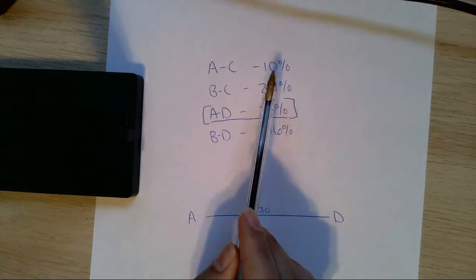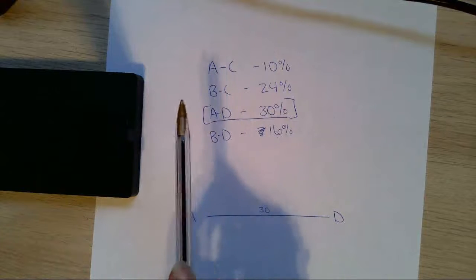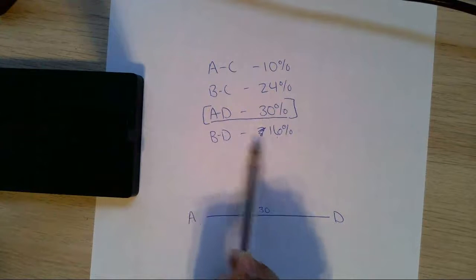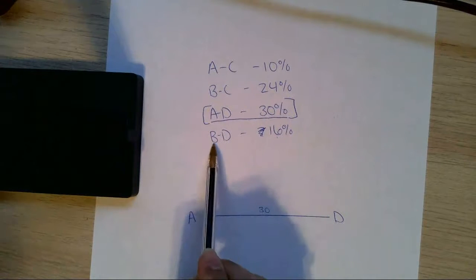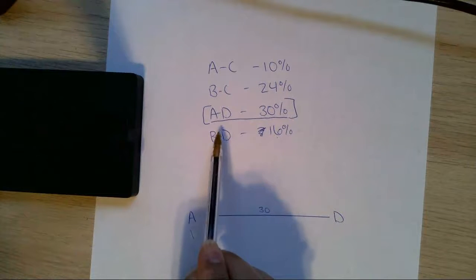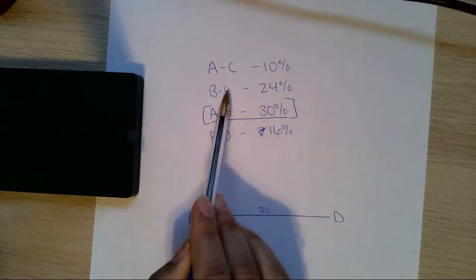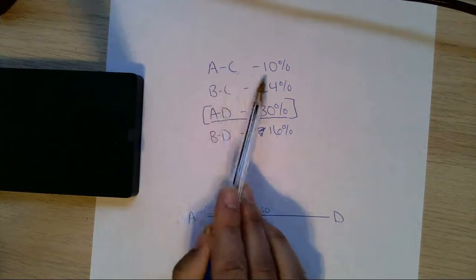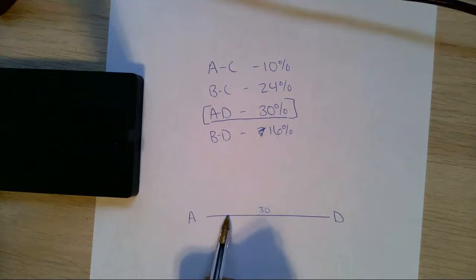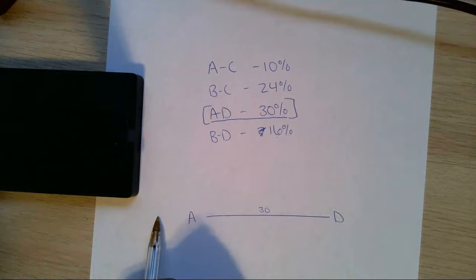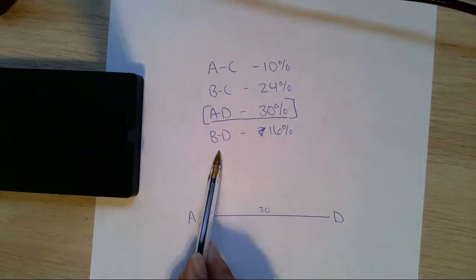So my next point of business is going to be looking at B and D because I have D there and it's 16%, and B is also connected to C with a large gap, and then C is connected to A with a little one. I don't know if C is going to be on this side of A or this side of A because it's so small it could be either. Realistically, these genes can go anywhere, right? So you just have to be thoughtful of where they're going.